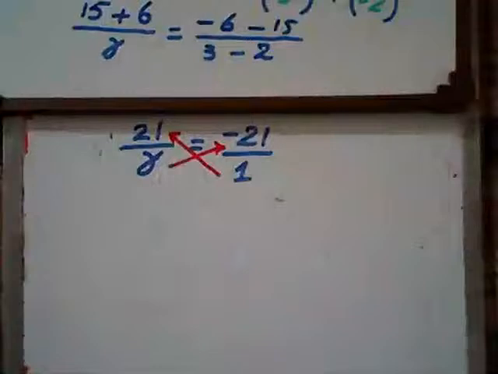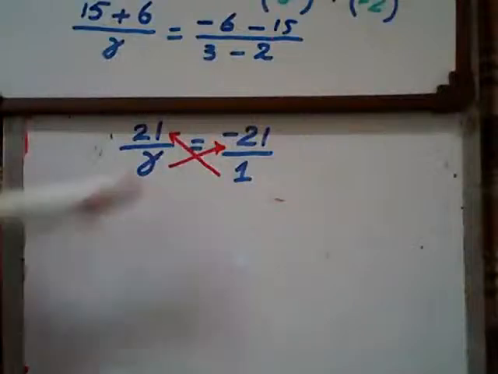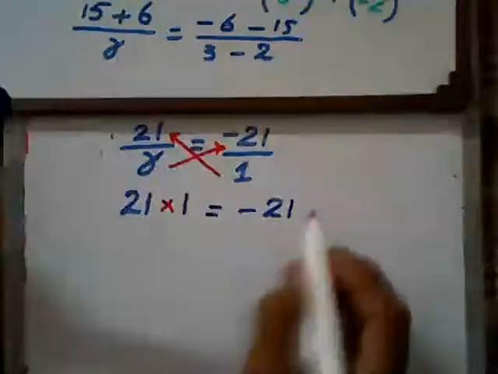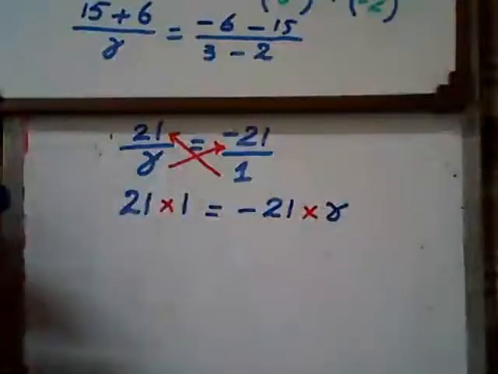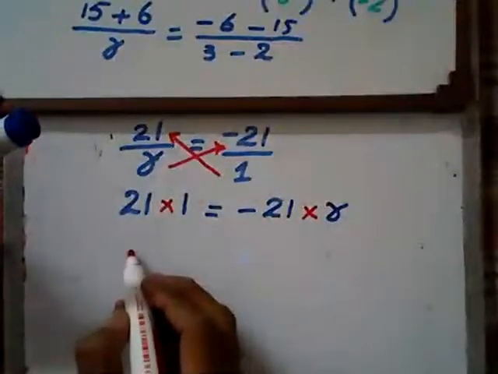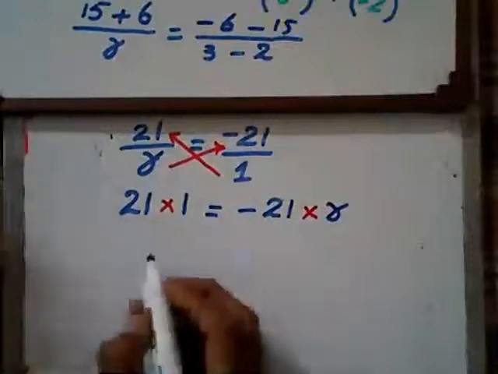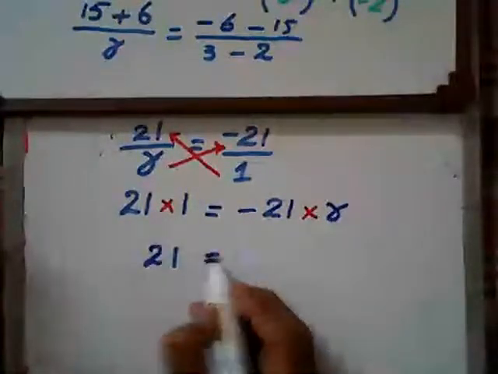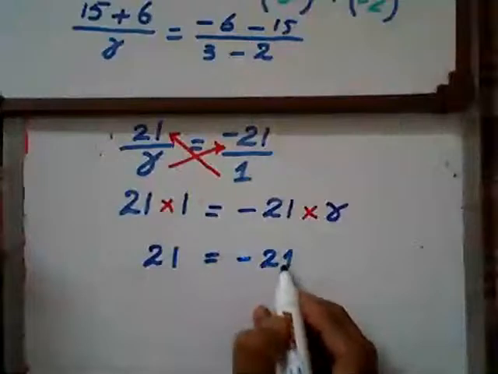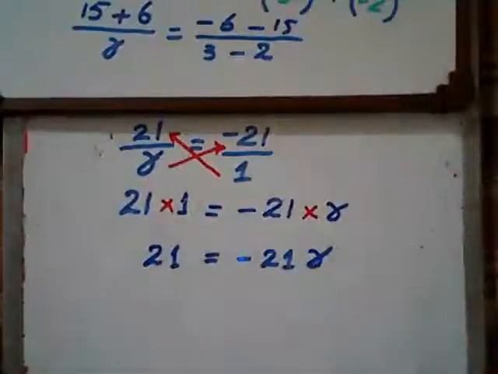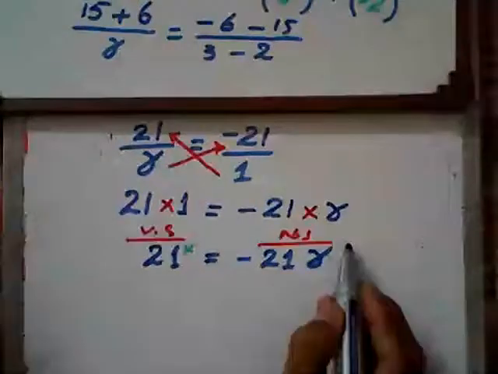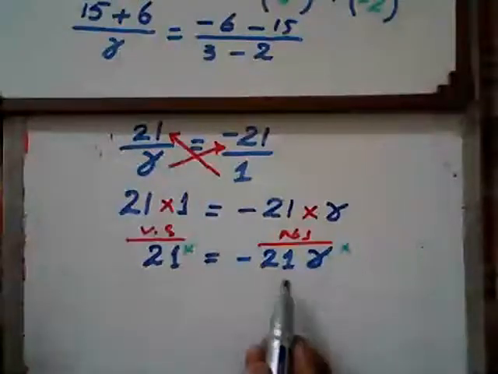So in cross multiplication, what would happen? We'll be doing this multiplied by this one, and this multiplied by this one. So this gives us 21 is equal to minus 21r. Now we'll be moving this to the other side and this to the other side.